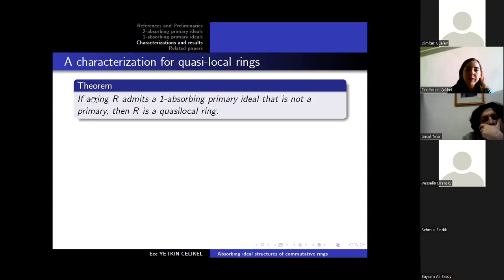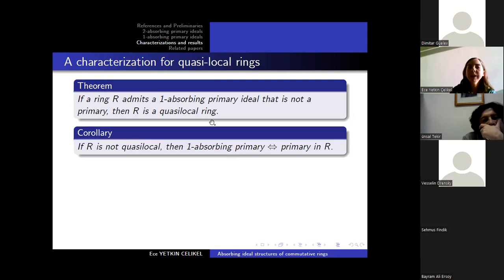For example, if a ring admits a one absorbing primary ideal that's not primary, then this ring is quasi-local. So, in other words, as a corollary, we can say that if R is not quasi-local, then one absorbing primary and primary ideals coincide, okay?